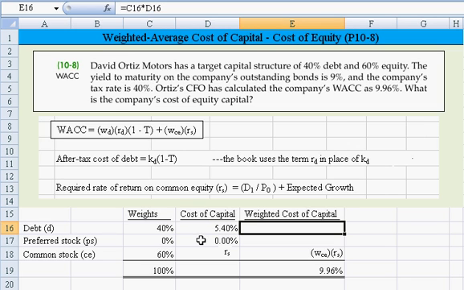Then the weighted average cost of capital from the first term is just multiplying the weight times the after-tax cost of debt. So if I multiply that across, I hit the F2 key, we just take what's in cell C16 times D16, and I get 2.16. Now we can copy that down, and we get 0, obviously, for preferred stock.